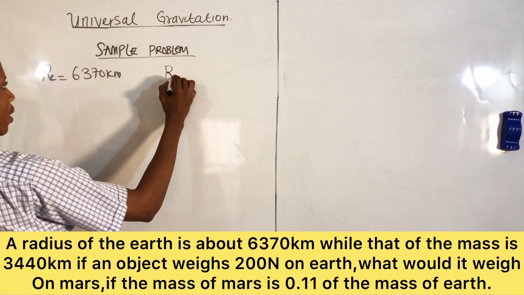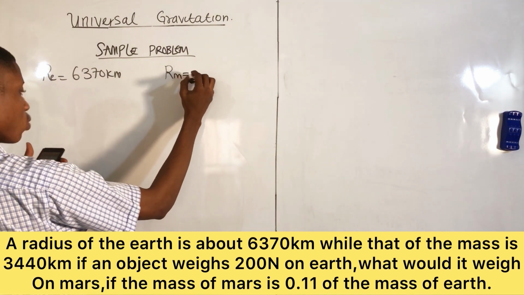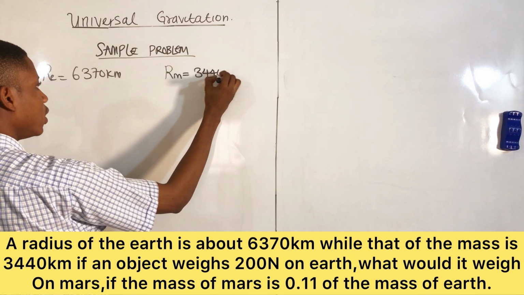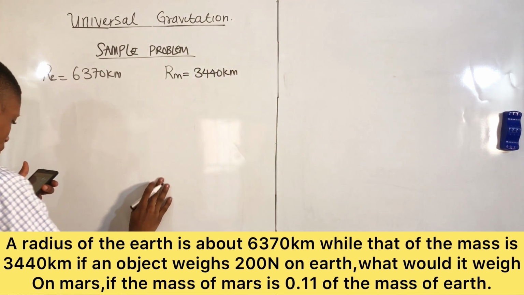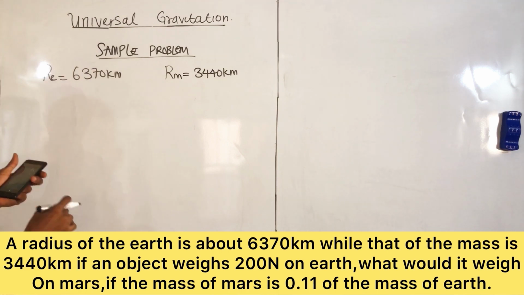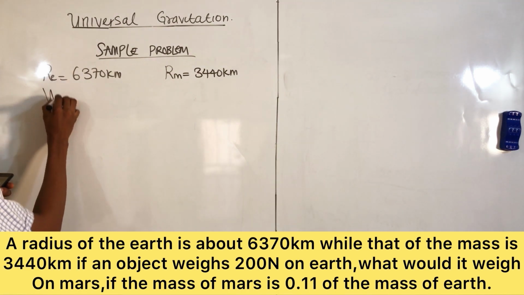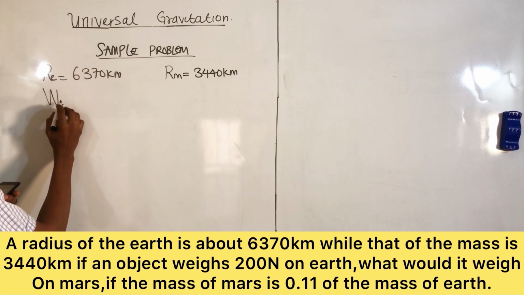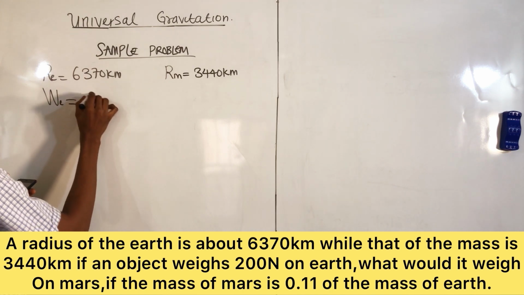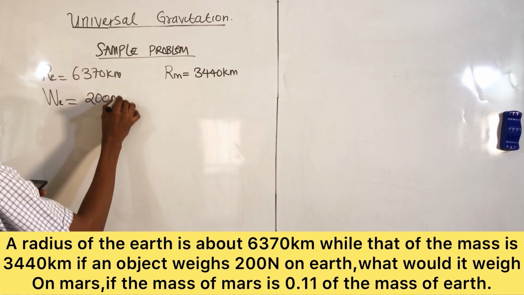So we have the radius of Mars given as 3,440 kilometers. If an object weighs 200 Newton on Earth, so we are looking at the weight of an object on Earth, let's put 200 Newton.